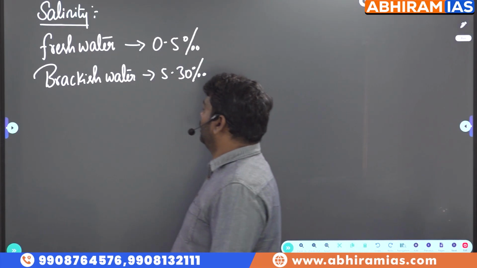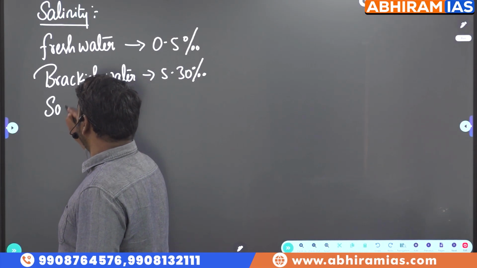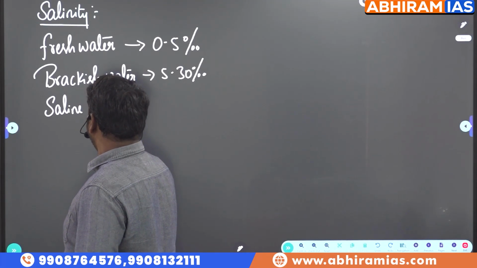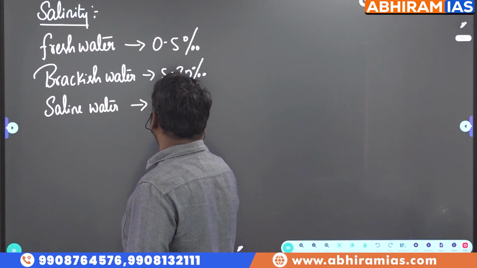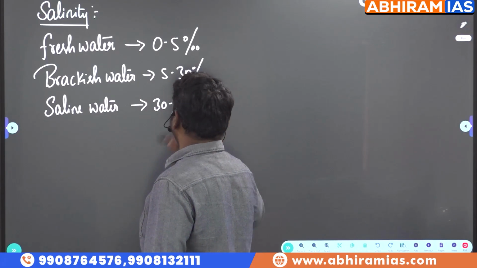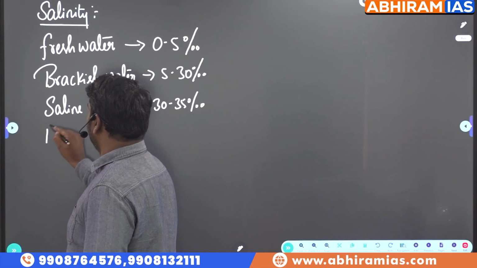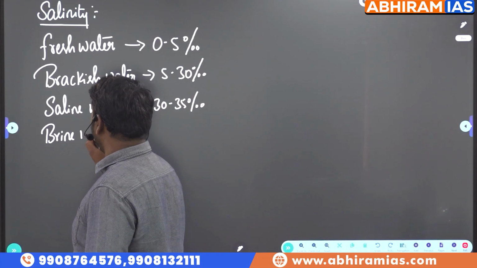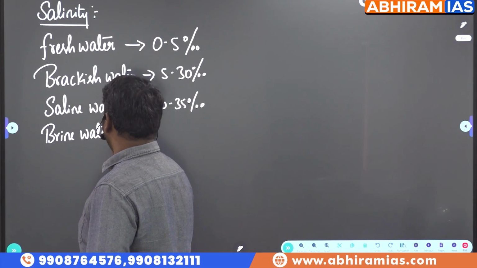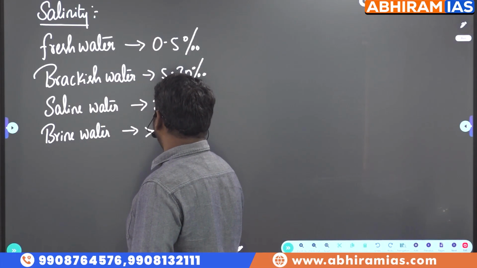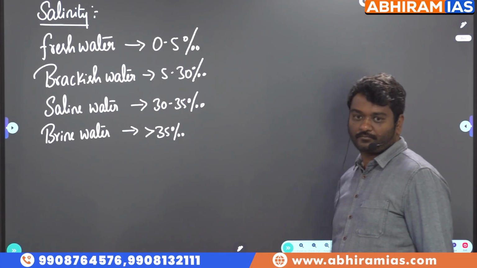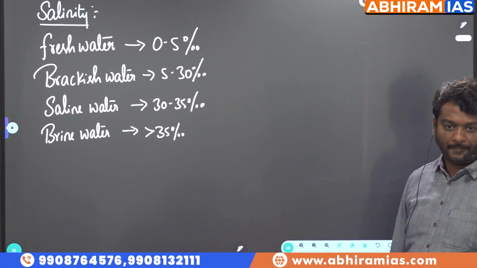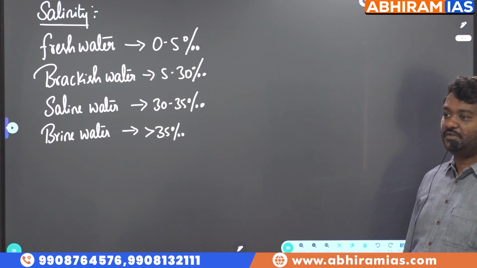We call it saline water if it is 30 to 35 parts per thousand. It is called brine water greater than 35 parts per thousand. This is with respect to salinity.